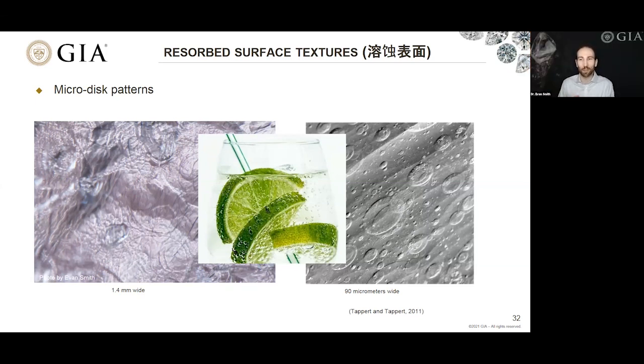And it might look like bubbles on a lime wedge in this carbonated drink. For the diamond, each bubble might cause a circle by interfering with the interaction between the hot fluid and the diamond.